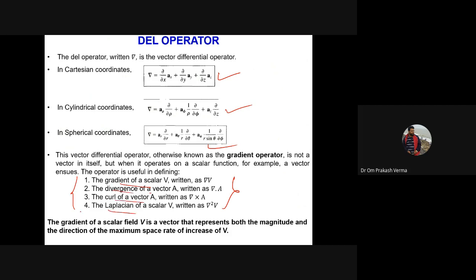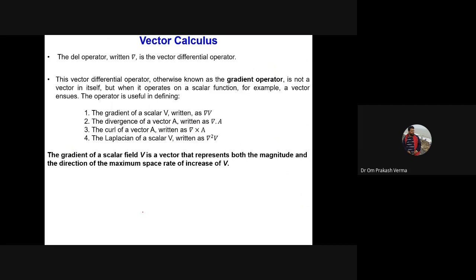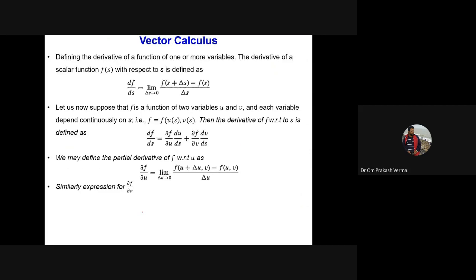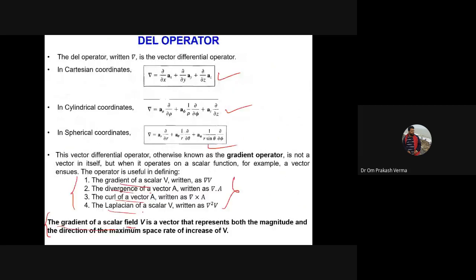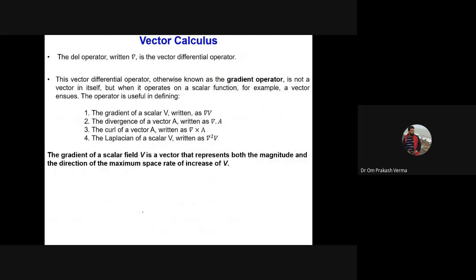Now we will try to cover the meaning of the gradient of a scalar function first, then we will cover the others, right? For this purpose, I'm taking this blank page so that you can understand in a better way.